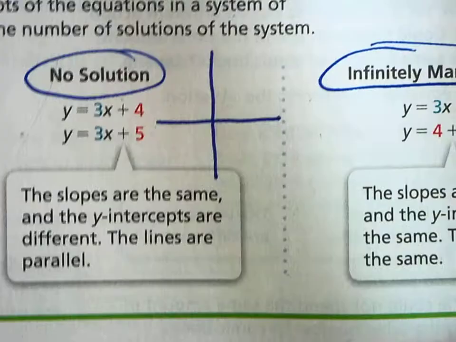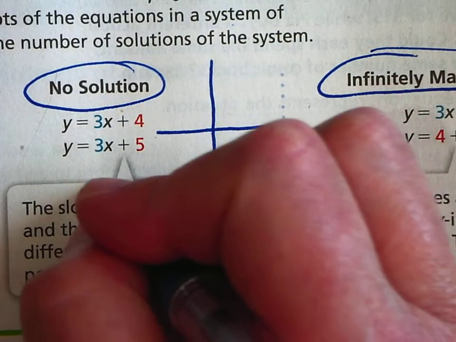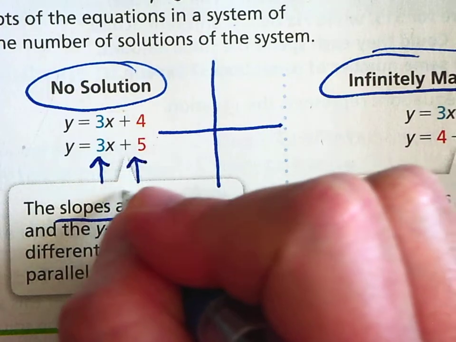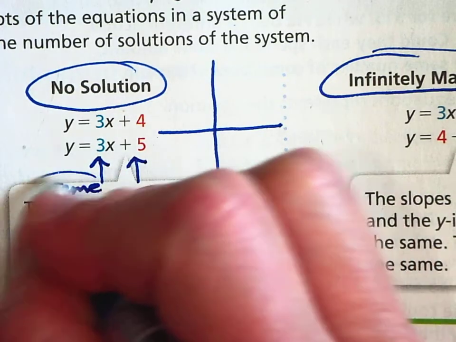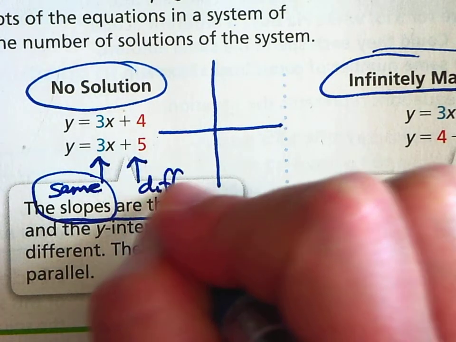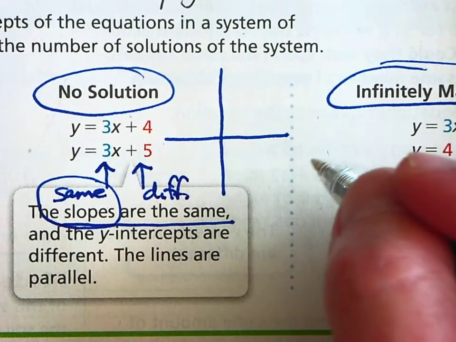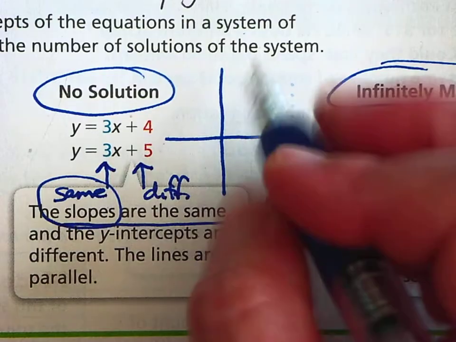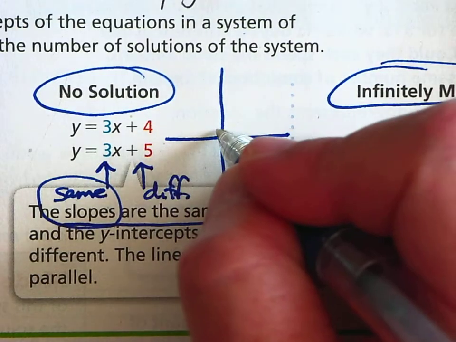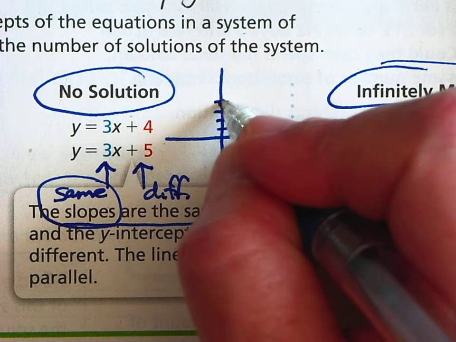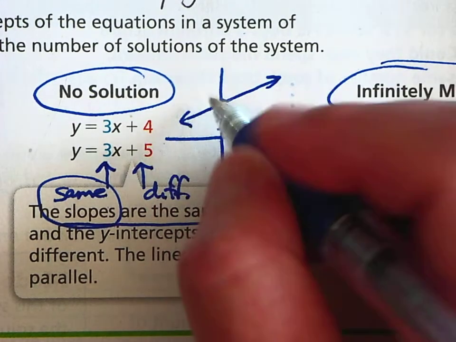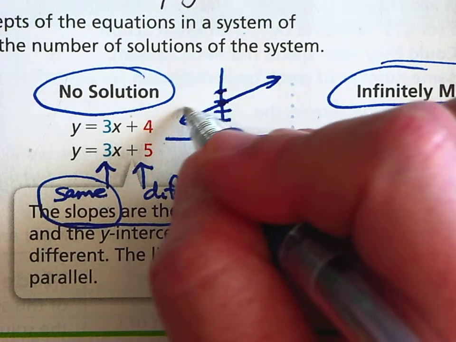Okay, so now no solution means they have the same slopes, but different y-intercepts. Same slopes, different y-intercepts. So same slopes means they are running in the same direction, but different y-intercepts means they're crossing at different points. So this one's going to cross at 4 on the y-axis, and this one is going to cross the y-axis at 5.